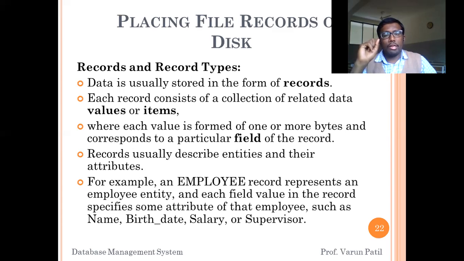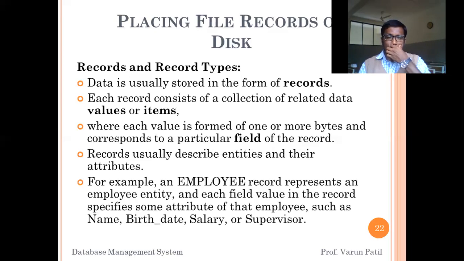For example, an employee record represents an employee entity, and each field value in a record specifies some attribute of an employee, such as name, birth date, salary, and supervisor. So employee is an entity, and name, birth date, salary, and supervisor are its attributes.